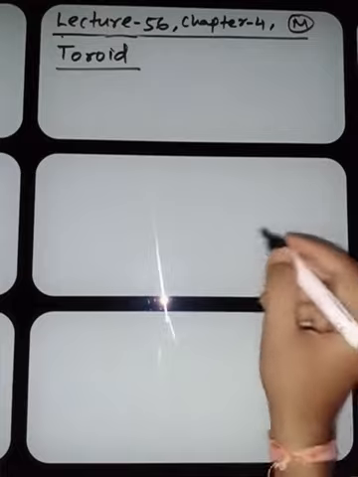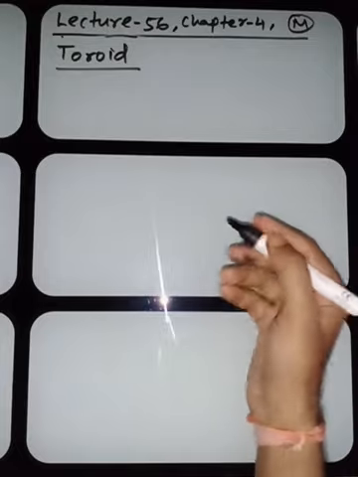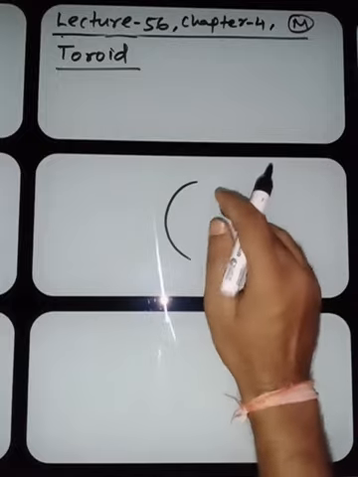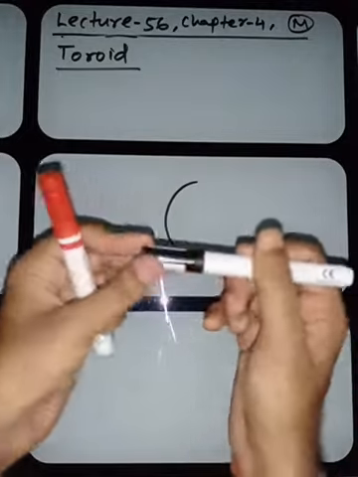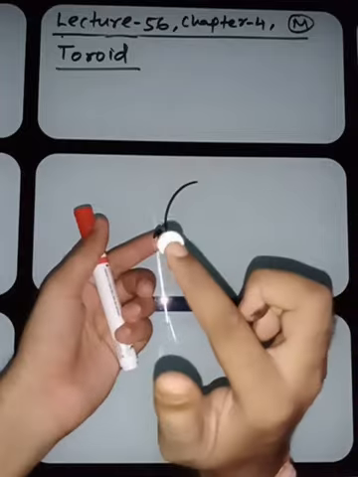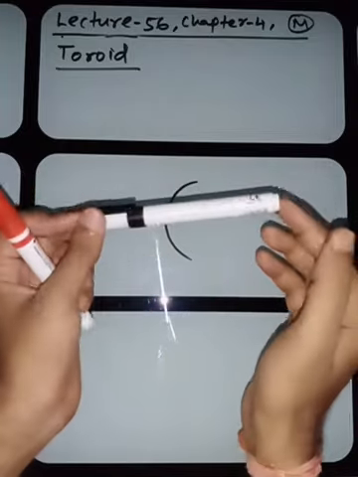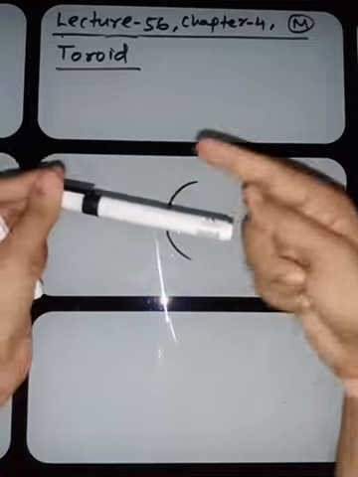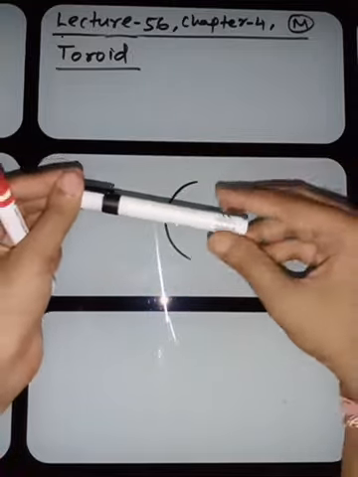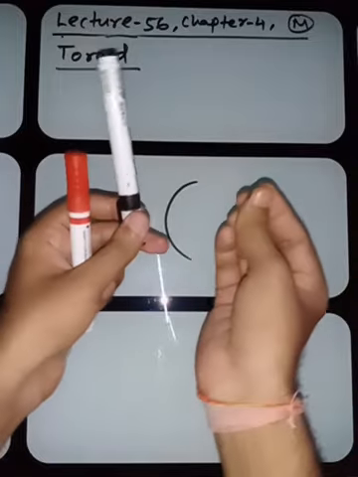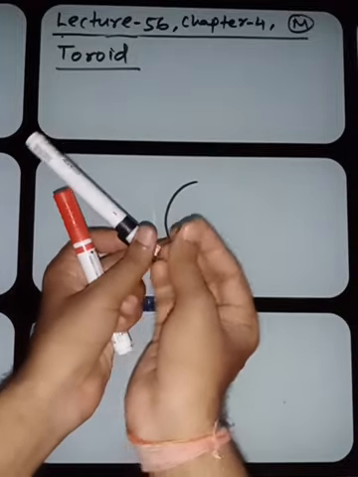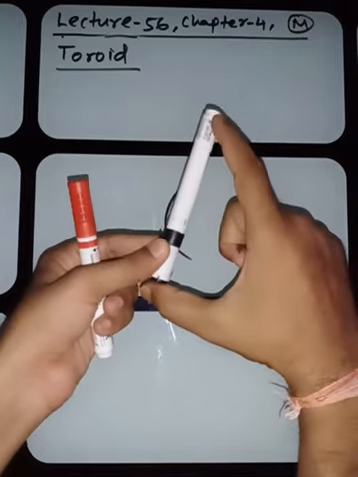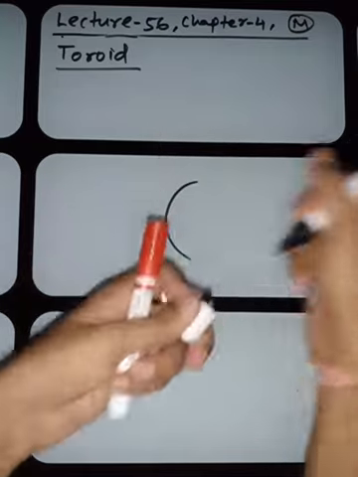And how do we form the toroid? Suppose this is a flexible cylindrical material, and you wind wires over this one for n turns. Then you make this one a circular loop, and you connect both the ends, this end and this end, to each other so they coalesce.